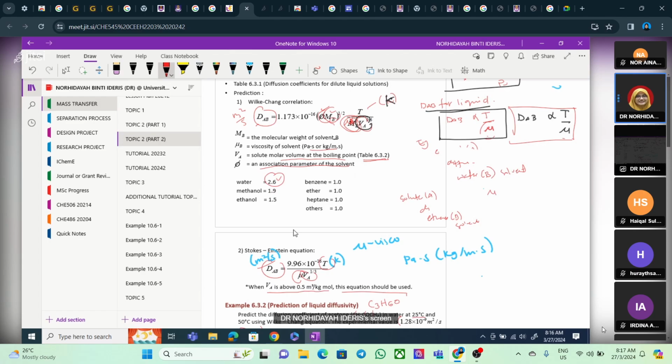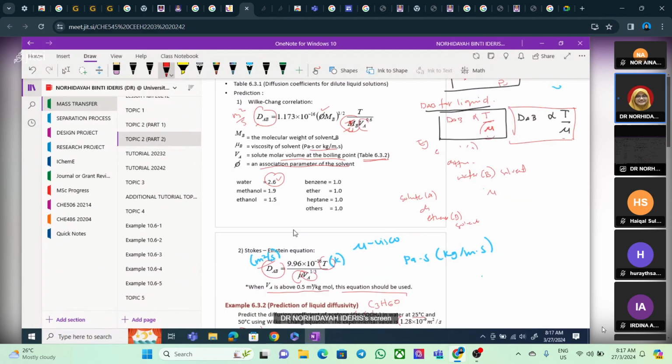Okay, and then ni silap kan, ni bukannya M, dia adalah mu. So label dia pun adalah komponen B. Mu B means that mu, you know, that's the viscosity. So it refers to the viscosity of the solvent or the medium.